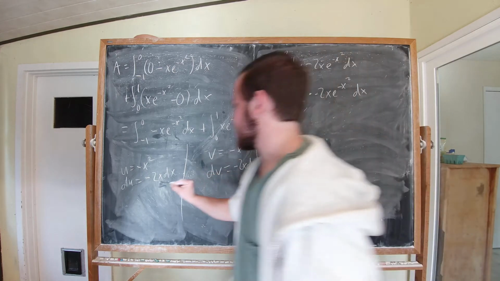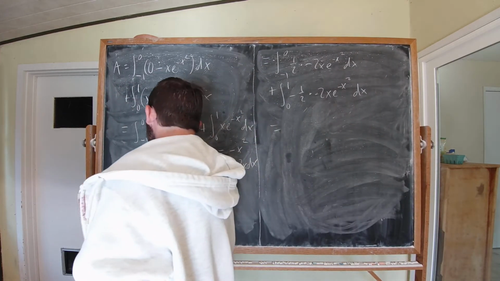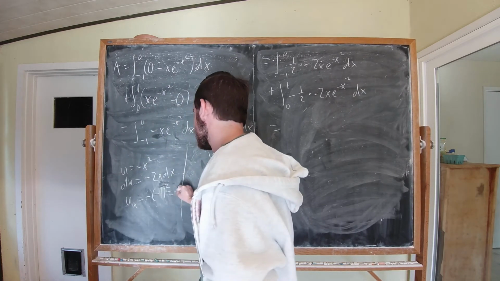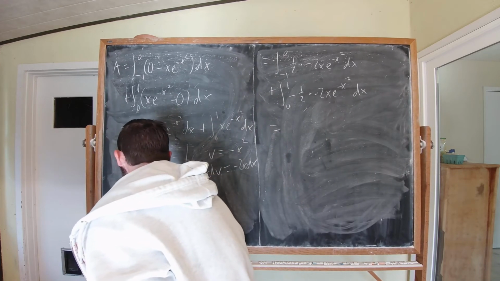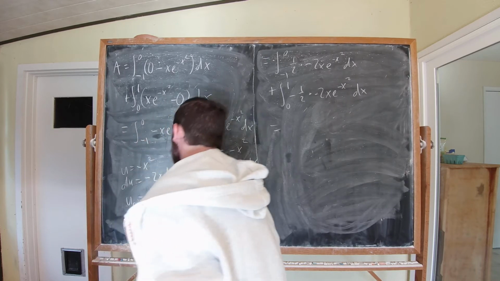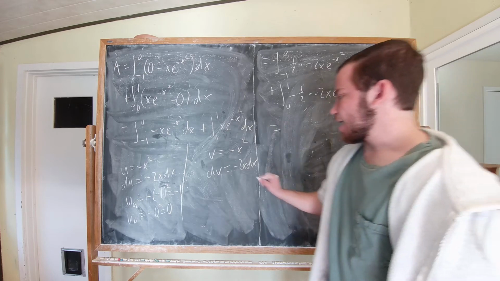Okay, what would our new lower bound be? Well, our u sub a here would be negative 1 squared, which ends up still as negative 1. How about u sub b? u sub b would be negative 0 squared, which ends up still being 0. How about over here?